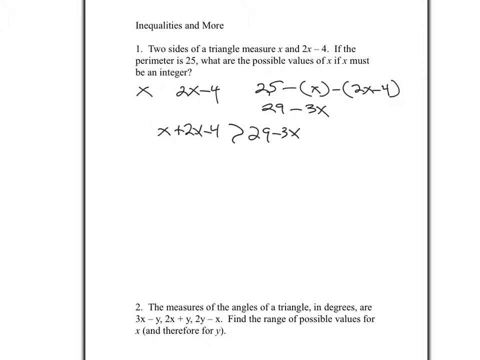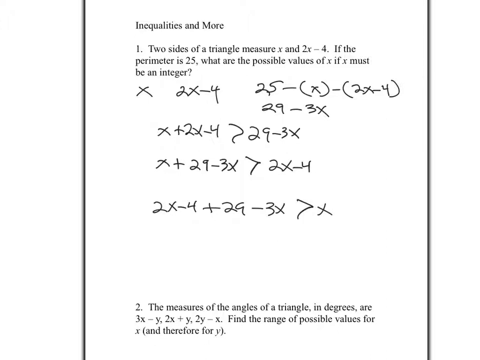We can also say that x plus 29 minus 3x has to be greater than 2x minus 4. Finally, we can say that 2x minus 4 plus 29 minus 3x has to be greater than x.